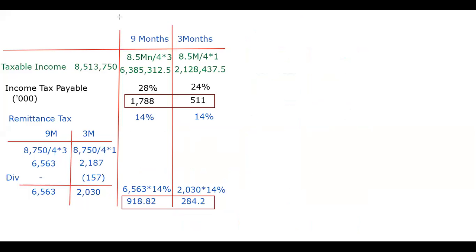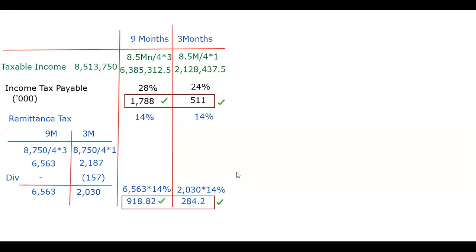This is the answer. Is it clear? They need to pay this much income tax, and then this much remittance tax altogether, including not only 9 months but 3 months altogether.